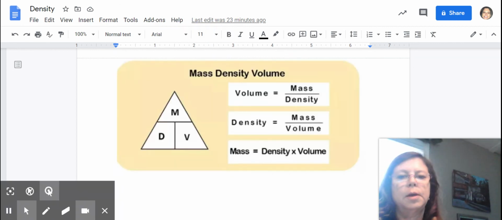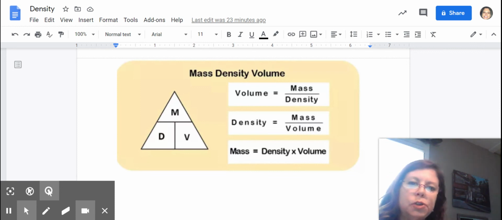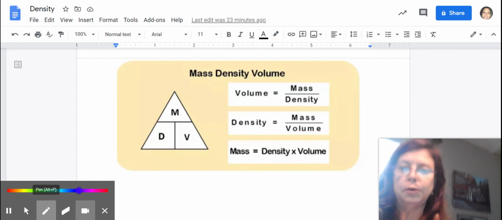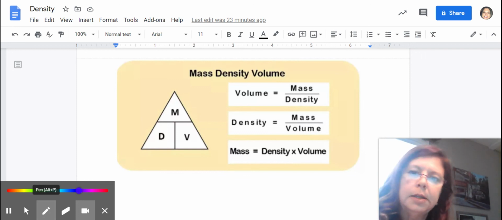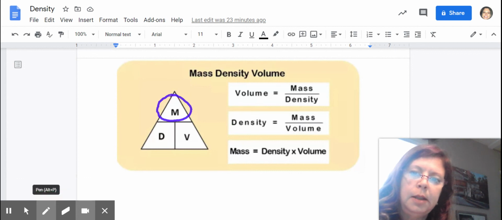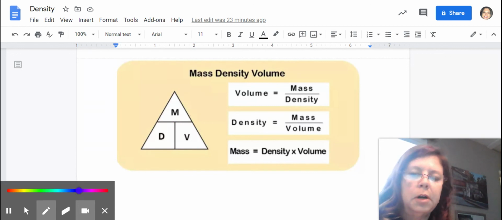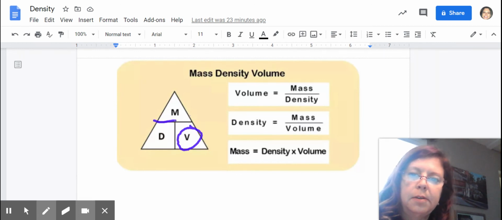For those of you that prefer that method, this little chart is sometimes helpful to students. So how you read this MdV thing is the mass. If you're solving for the mass, then the density and the volume are multiplied. So there's like a multiplication there. If you're solving for the volume, then you see this is a slash here.